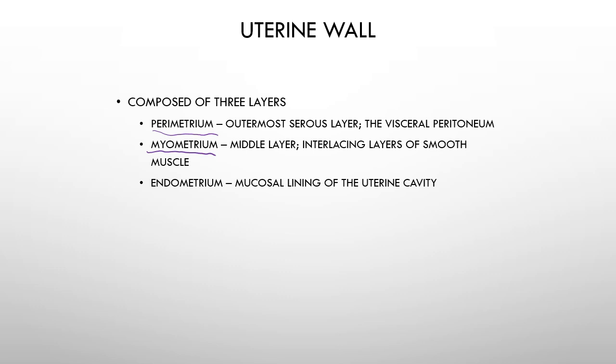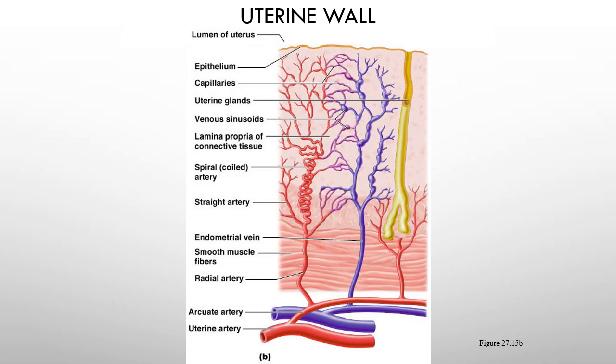And then we have the endometrium, the very inside of the uterus itself. So if we were to go up through the cervical canal, it's the endometrium that we would find on the inside of the uterus. And it's the endometrium that is going to essentially grow and be sloughed off with each cycle.